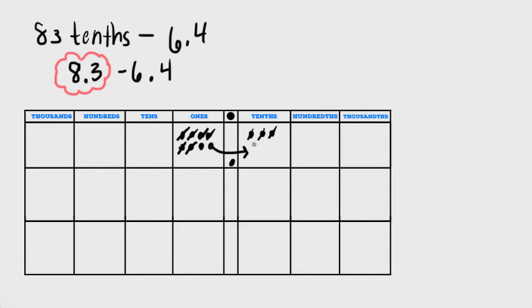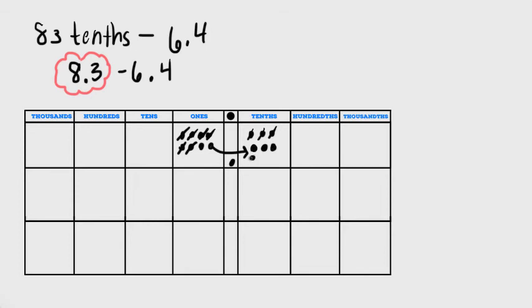So now we have 1, and 1 times 10 is 10. So when we move it over in the tenths place, it's the same way we did with meters, remember going from a meter to a decimeter or a centimeter, it gets bigger by powers of 10.